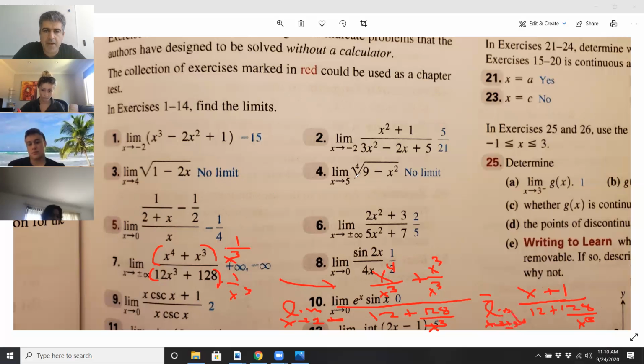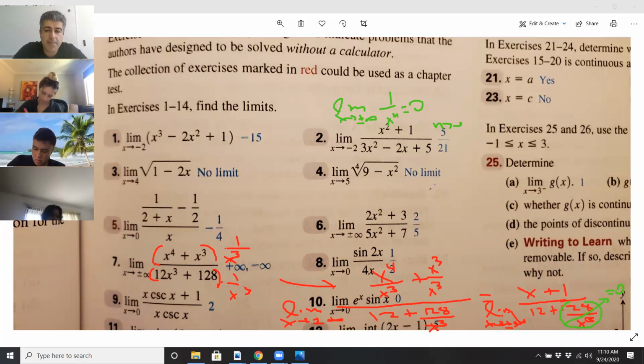We've talked about this many times. When you have something of this form, 1 over x to the n, that limit is just 0 if x is approaching positive or negative infinity, assuming that n is positive. So that just goes away. Sometimes I draw this arrow with equals 0 on the upper right corner.